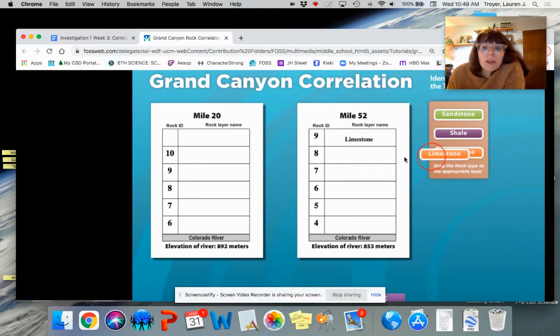If you look back at your document, you'll see limestone, sandstone, this would be limestone, shale.